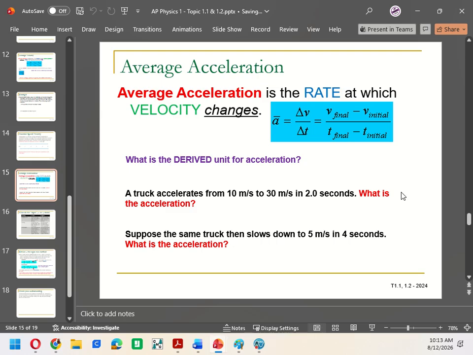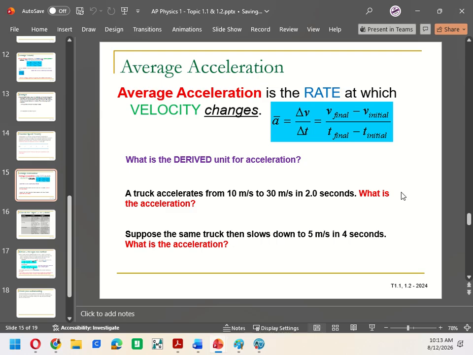All right, on the board here, let's see. Final velocity. So what is my second velocity in this case? 30, very good. So it's 30 meters per second minus 10 meters per second. My time? 2.